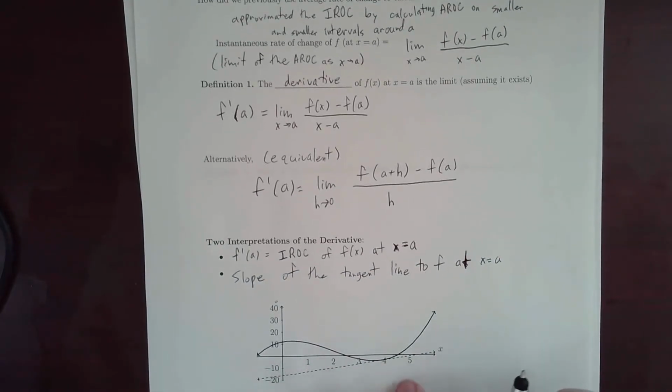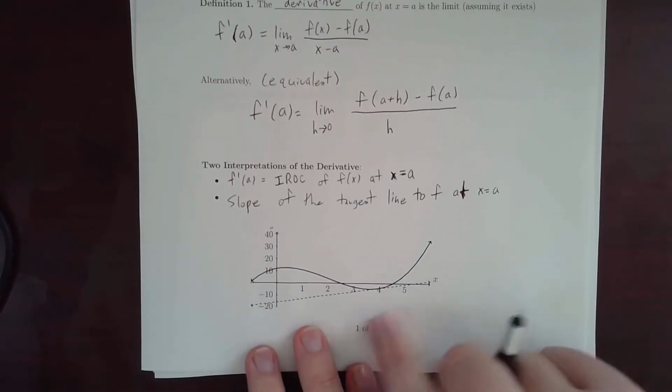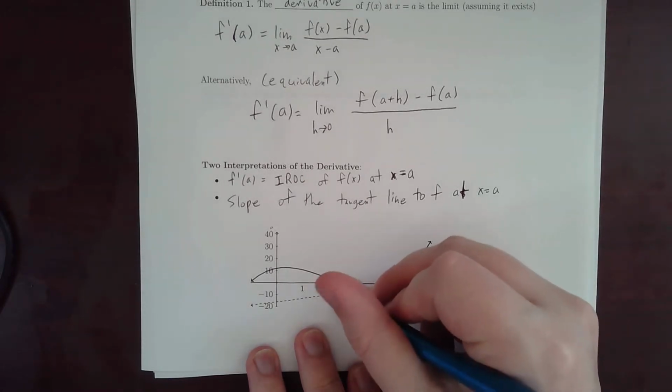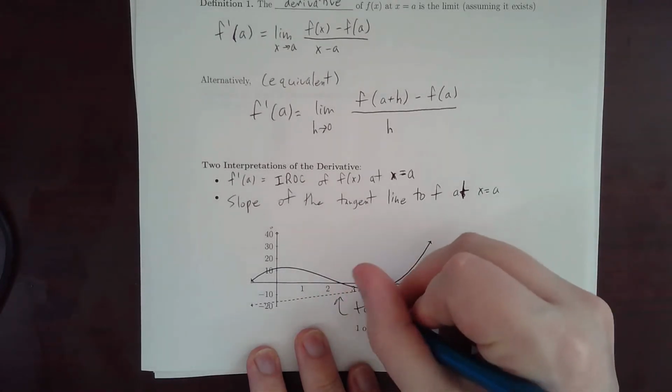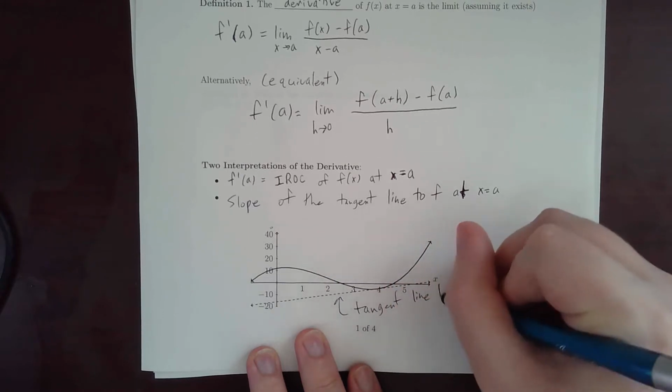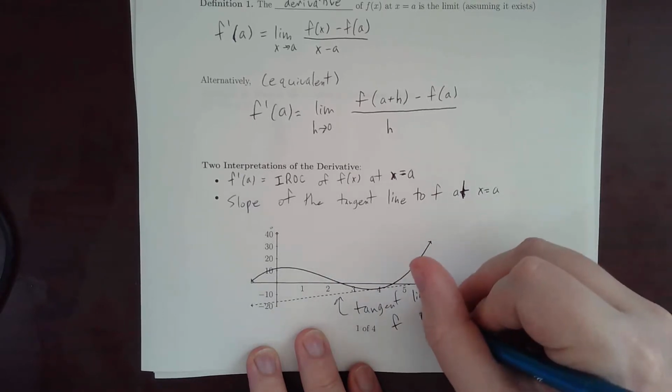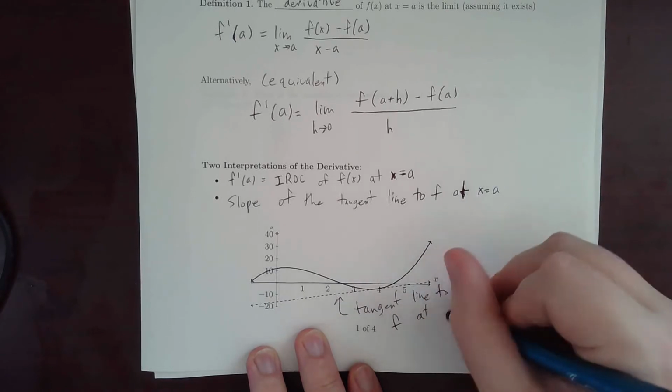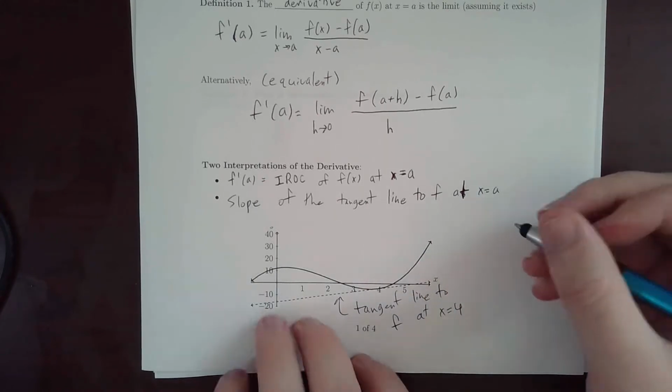So here, if we're looking at this function down here, we've got this dotted line. This dotted line is the tangent line to f at x equals 4.